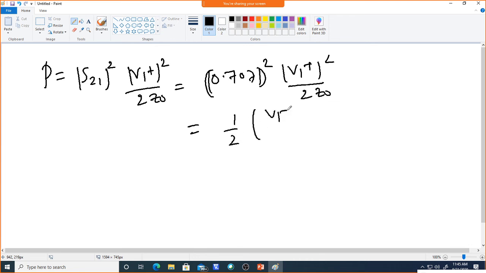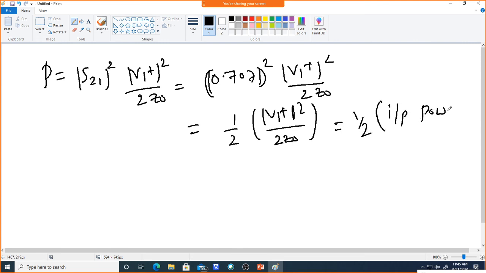Half into V1 plus squared by 2Z0, which is equal to half of your input power. So this is the output power you have calculated. The power output coming from port 2 is half of your input power, calculated using the S parameters.